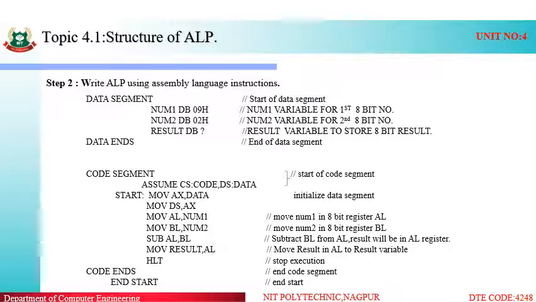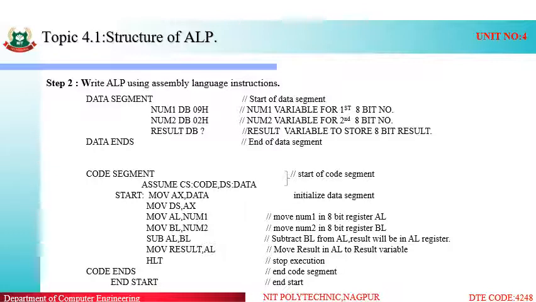So similarly we have defined here num1, num2 and result in the data segment. So this is the part of our data, therefore we have defined inside the data segment. Next, inside the code segment same logic is used. We have moved the first number into AL, second number into BL register, and instead of add we have to perform subtraction.